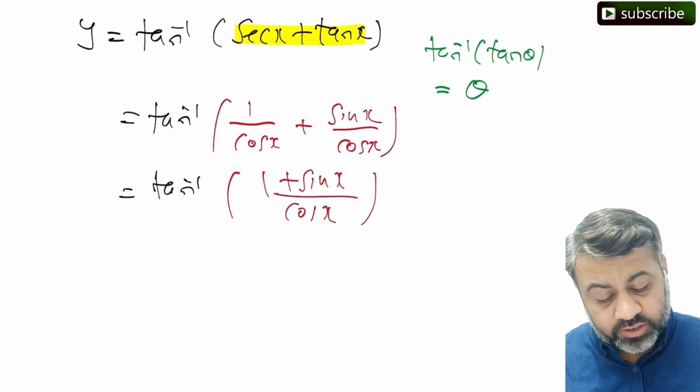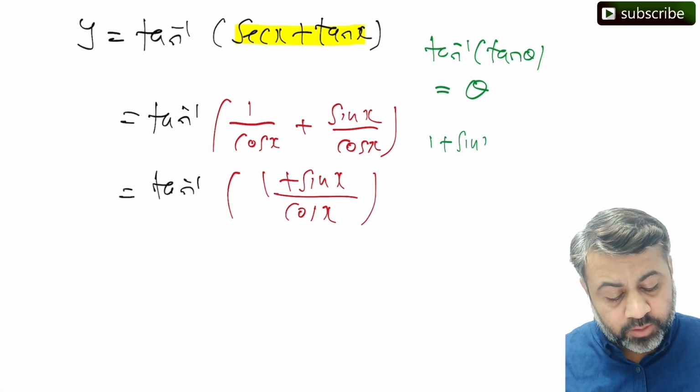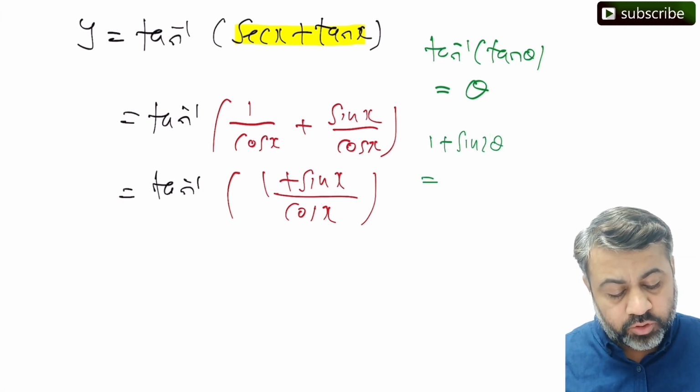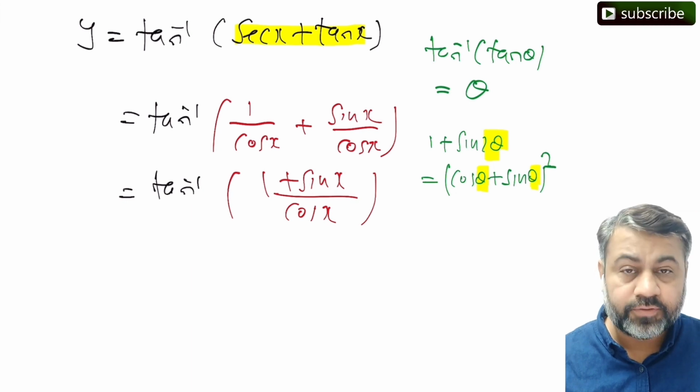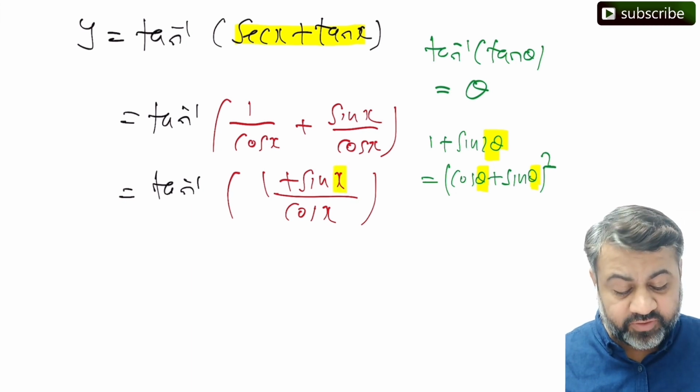Now, the question is what we can write in place of 1 plus sine 2 theta. Do you remember that 1 plus sine 2 theta is cos theta plus sine theta the whole square? What I want you to observe nicely is that if the angle on the left hand side is 2 theta, the angle on the right hand side is theta. So in the question we have x.